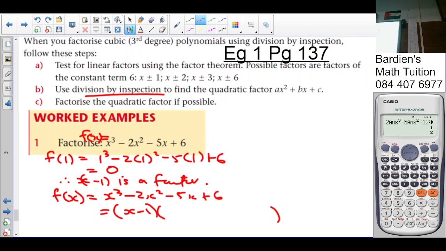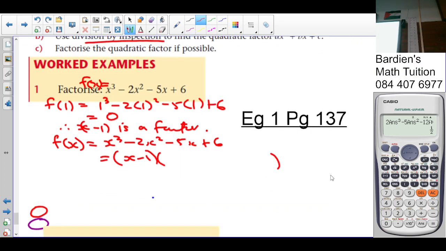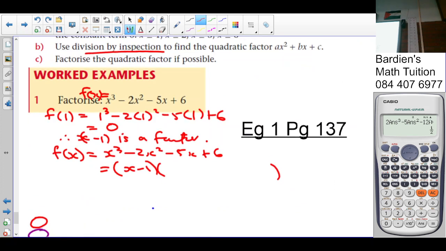The question I asked you was, x multiplied by what is x cubed? It was x squared. Negative 1 multiplied by what is positive 6?